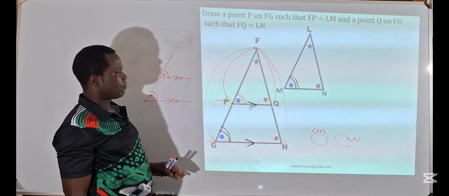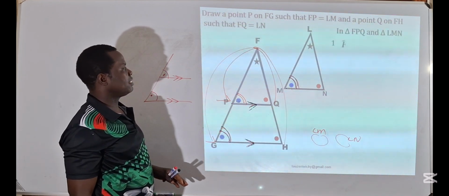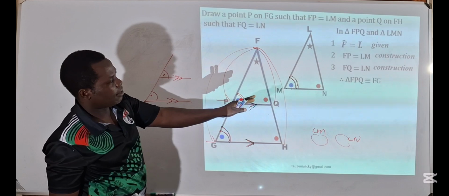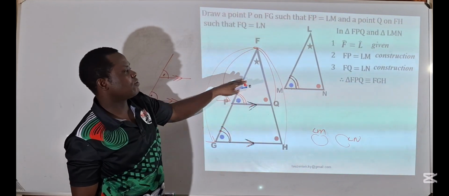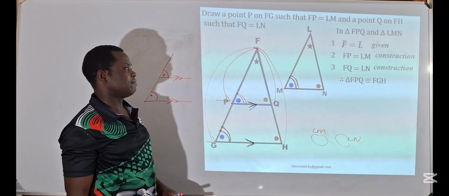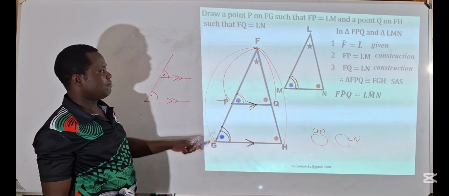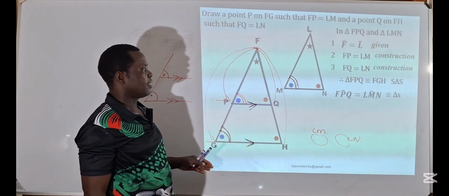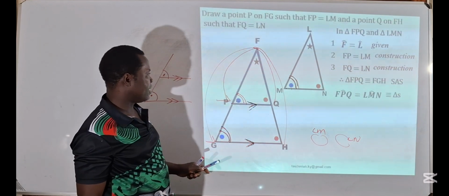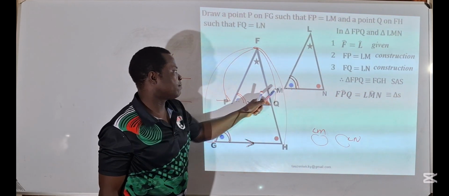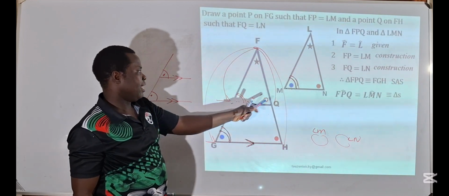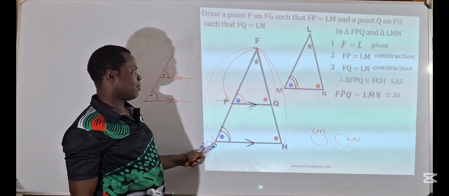Then if they are congruent to each other, the congruence is proved by two sides that we have constructed and the angle that is given, that is side angle side. Then if the two are congruent to each other, we can conclude that these angles of the two triangles that are congruent are equal to each other. Then angle M and angle G are already equal.